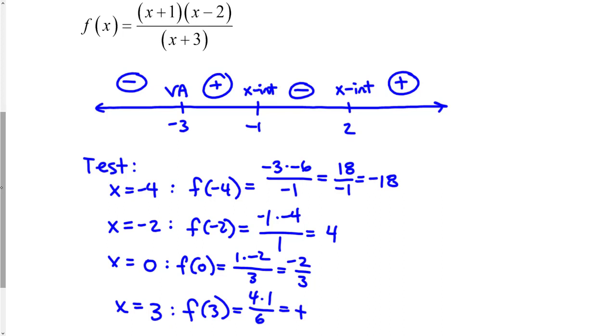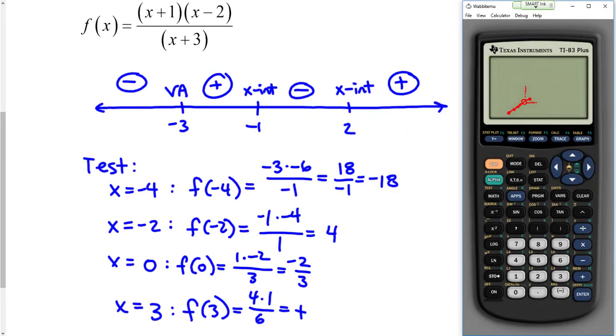And let me just show you on the calculator what this graph looks like, and you can kind of see how the positive and negative things happen. So I guess I need to erase this stuff here.